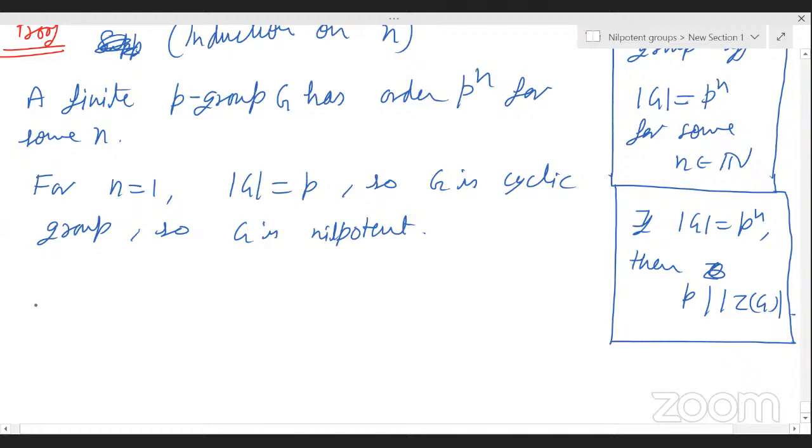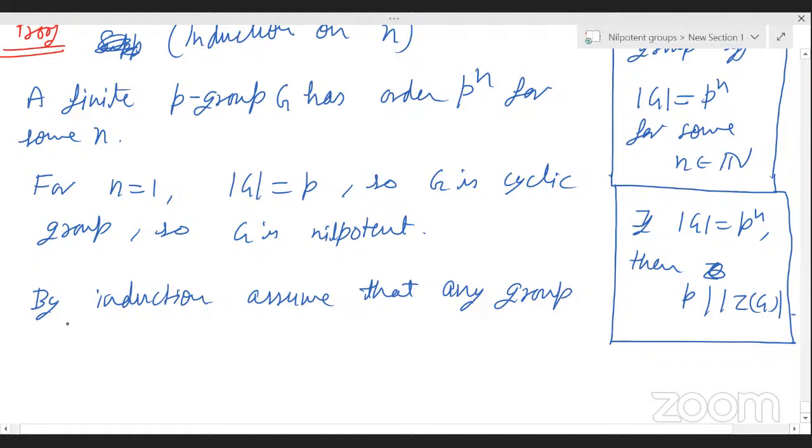Now, by the induction hypothesis, assume that any group of order p to the power m, where m is less than n, is nilpotent.